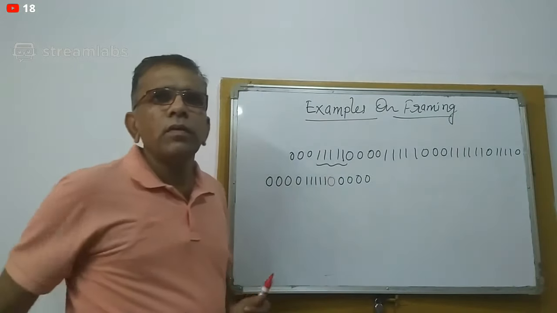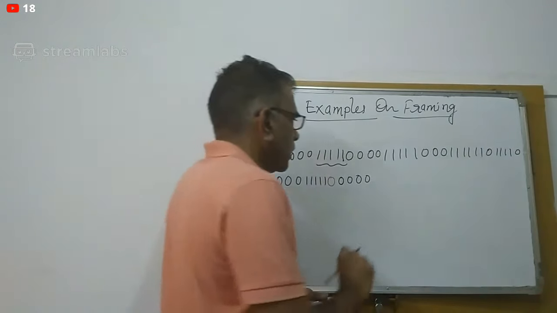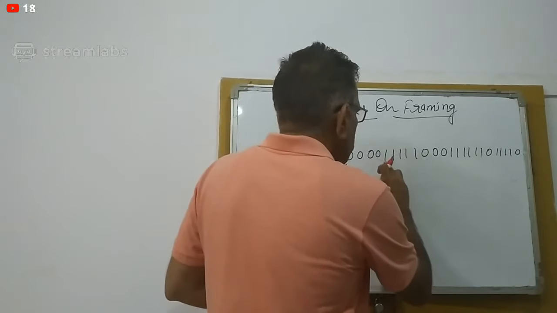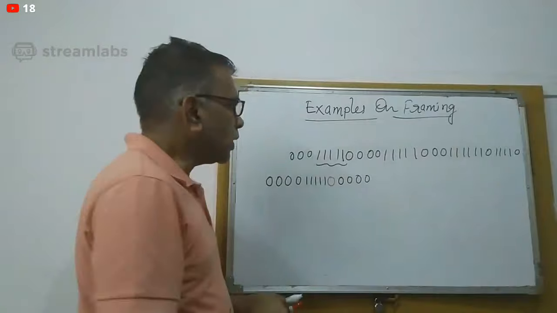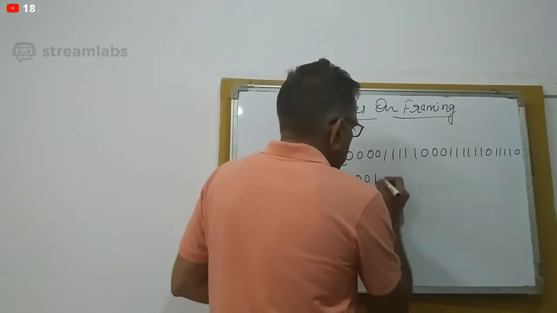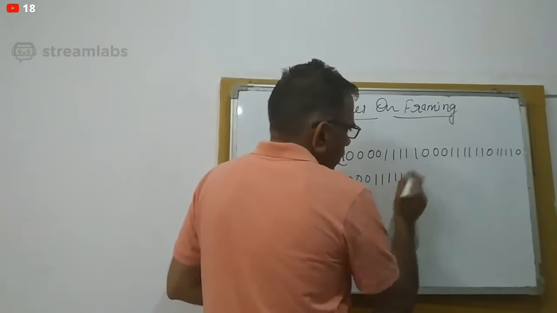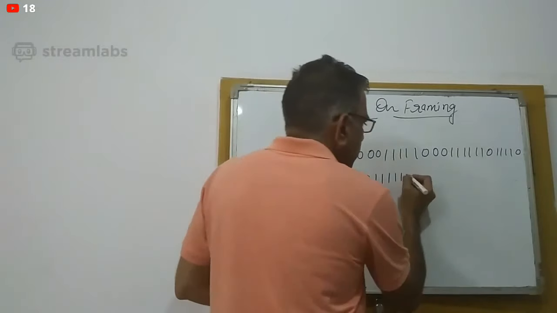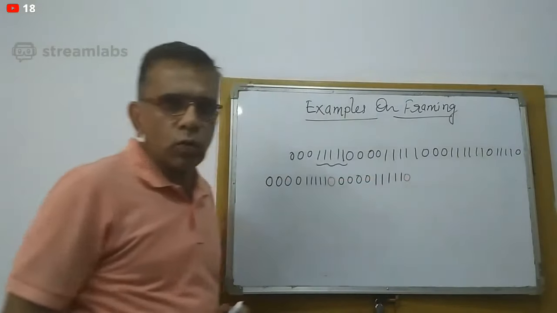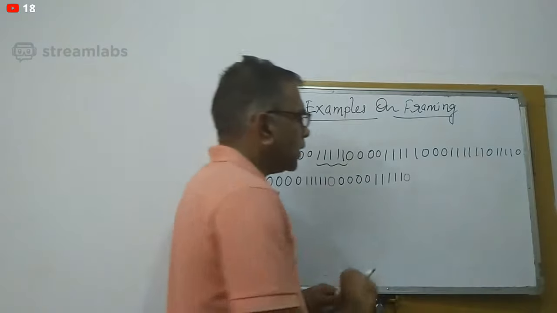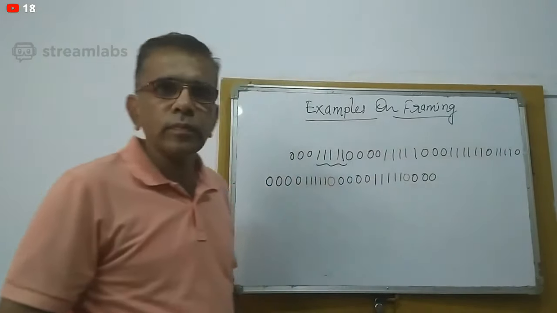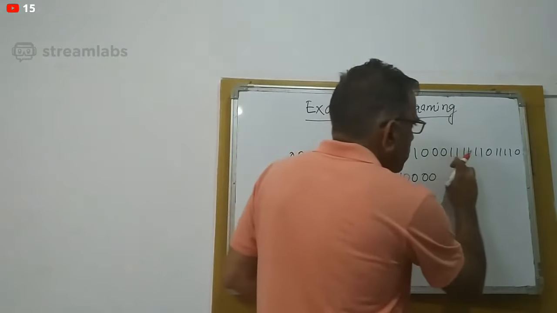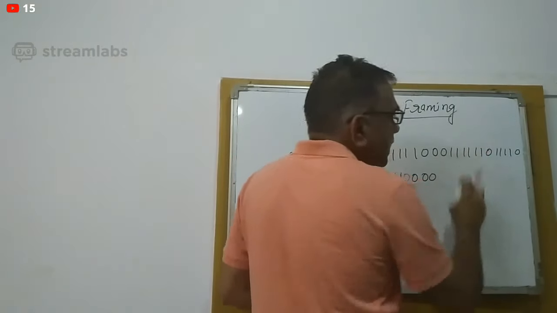from the flag. Now next, again you see we are encountering 5 ones after 0. It is also required to be stuffed. So 5 ones are going to be stuffed with an additional 0. Thereafter, we are going to have 3 zeros like this. Then again you see you are coming across 6 ones.